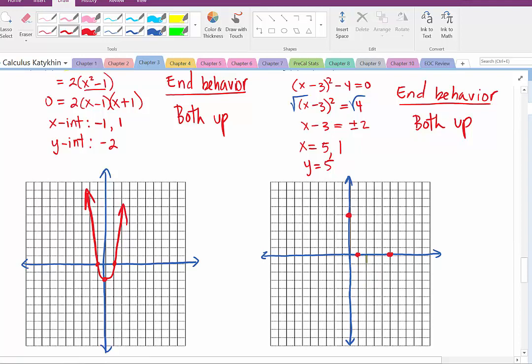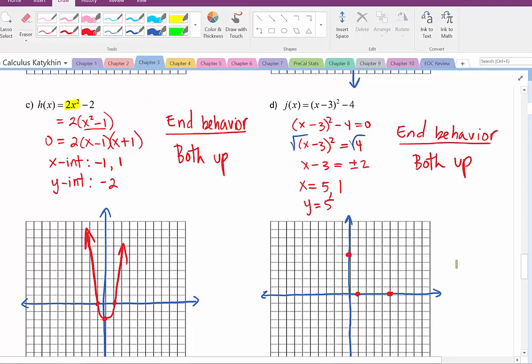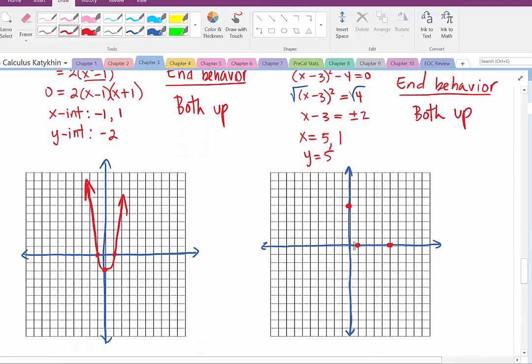Again, by looking at this picture, we know where the vertex is. Notice that this is in vertex form. So I know the vertex is going to be at, remember inside lies, so it will be 3, -4. So that actually allows us to find where the vertex of that graph is.